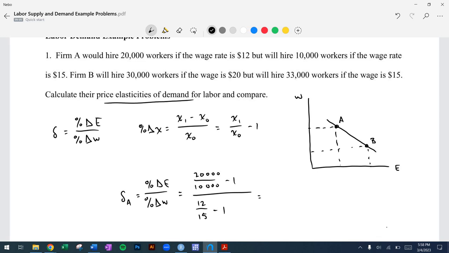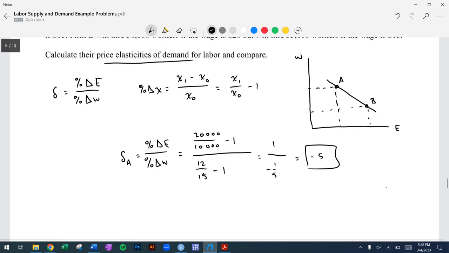That's going to give us 2 over 1 minus 1, so 1 over negative 1/5. And then that just flips up to the top. And so the elasticity for firm A is going to be -5.